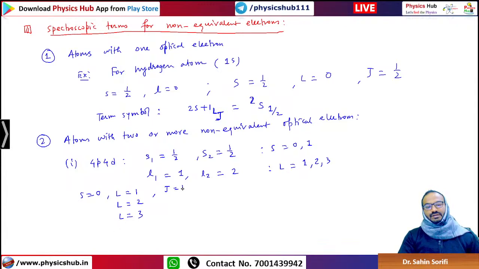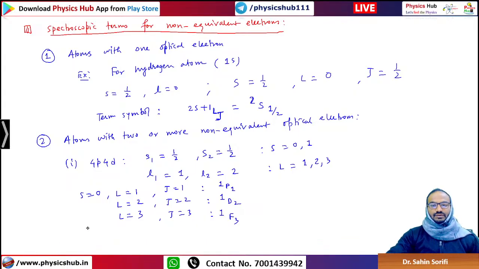Correspondingly they give J equals 1, 2, 3, and you get the terms 1P1, 1D2, 1F3.